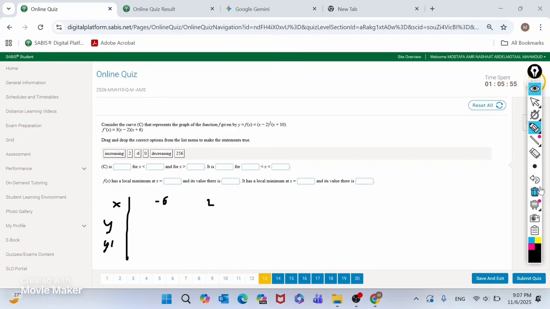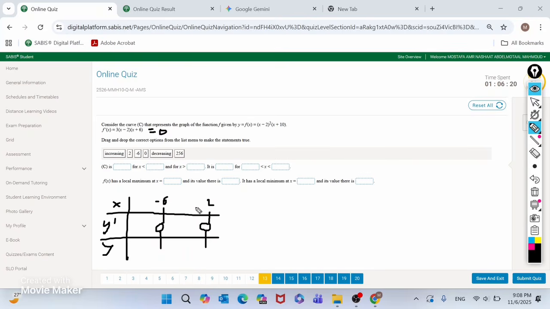Or yeah, wait, I think y prime first. Y prime, y. Okay, so here it's 0, and here it's 0, right? Just put this equal to 0. That's how you get negative 6 and 2.